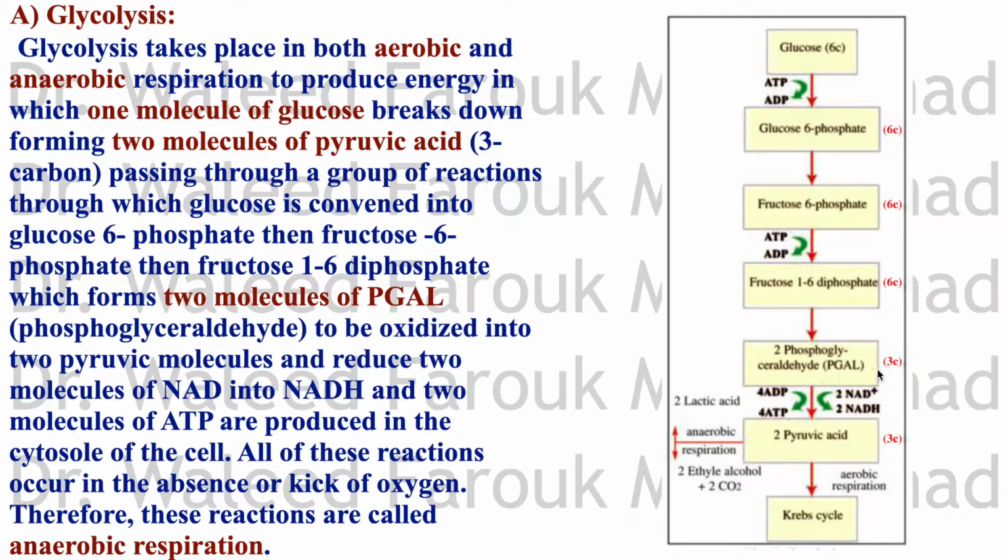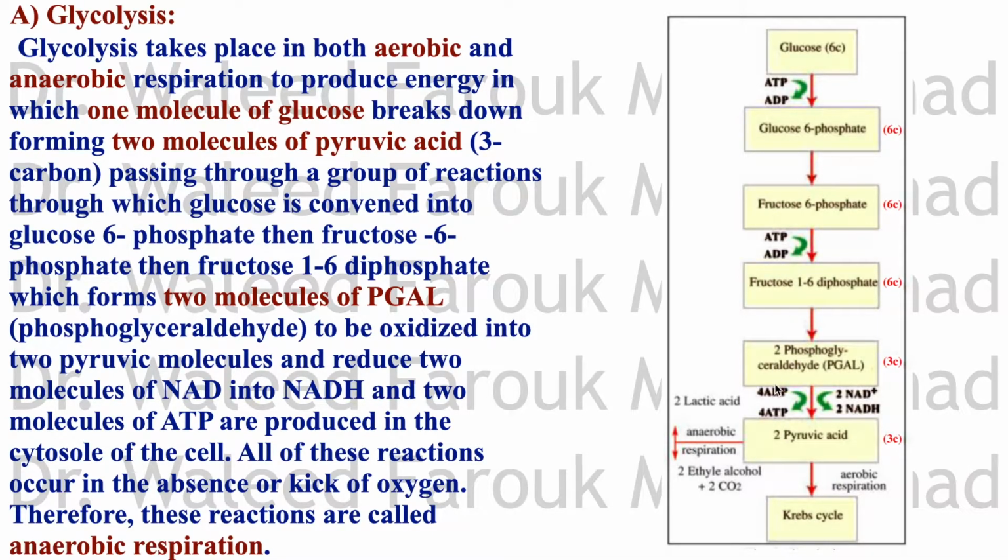Fructose 1,6-diphosphate and 2-phosphoglyceraldehyde. Now the 3C component starts. This is where the structure is broken down into two 3C molecules, okay? And these will change into pyruvic acid after reducing two NAD molecules and producing 4 ATPs.